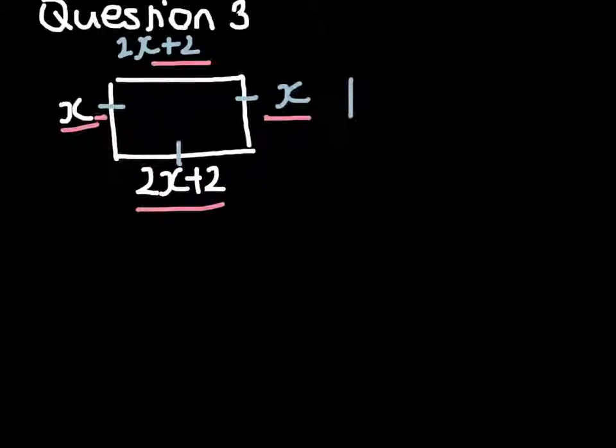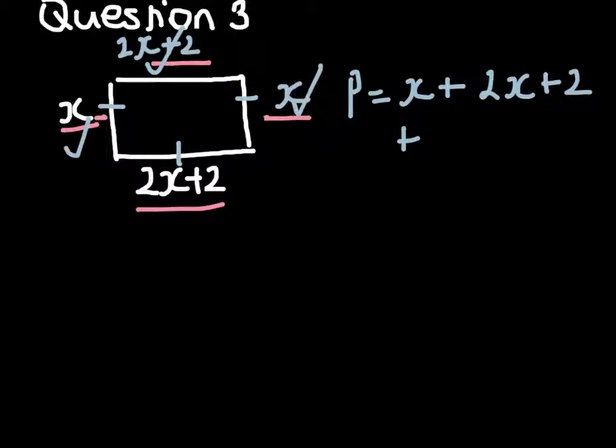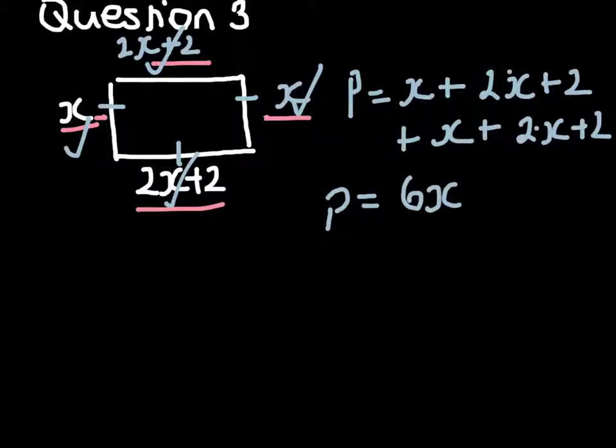So my perimeter, P, equals x plus 2x plus 2 plus x plus 2x plus 2. Okay, so my perimeter is 6x plus 4. There you go, that will get you your merit, and then you need to solve it.